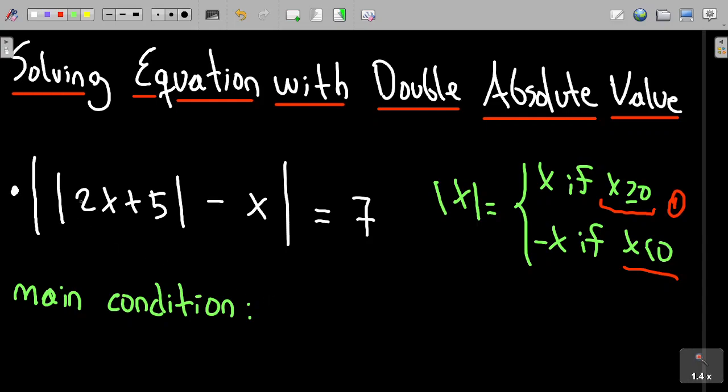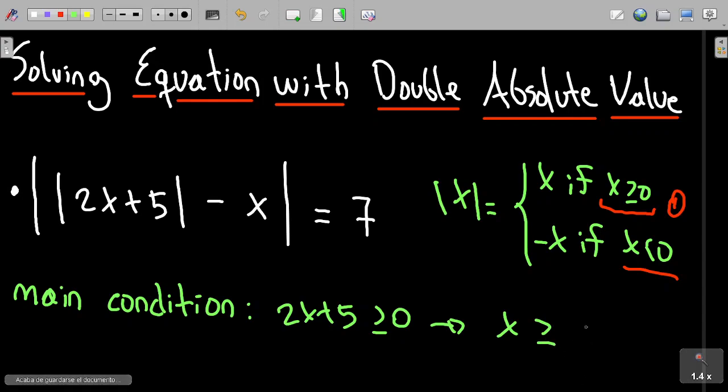I'm going to take this first condition as the main condition, so the absolute value of 2 times x plus 5 will be 2 times x plus 5 if 2 times x plus 5 is bigger or equal to 0. Now solving for x, we have that x should be bigger or equal to negative 5 over 2.